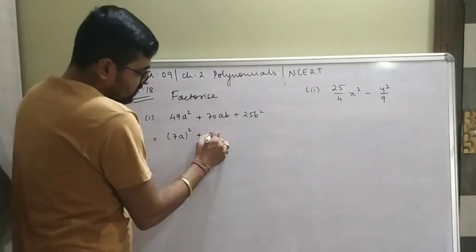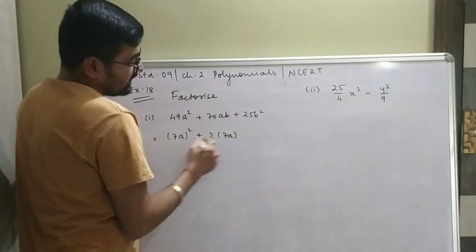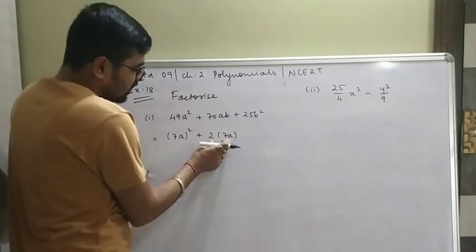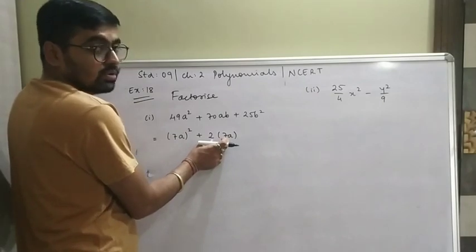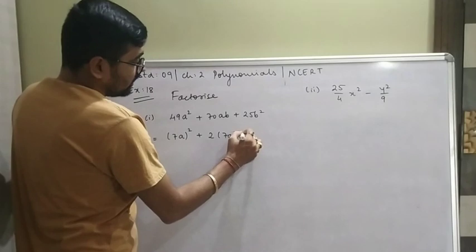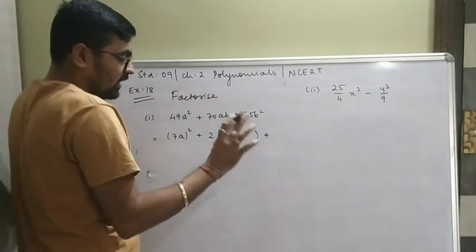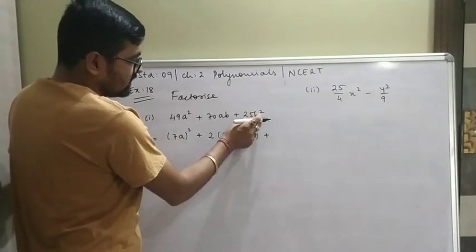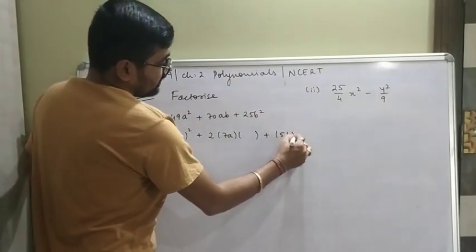Correct. Plus twice. Now here is 7a, so I will write 7a here as well. Now this 2 will be 7 into 2, 14a, but here it is 70ab. Correct. So what will the remaining terms be? Now if you feel it is complicated, I can help you. What we can do is look at this one, 25b. 25 is the perfect square of 5b.